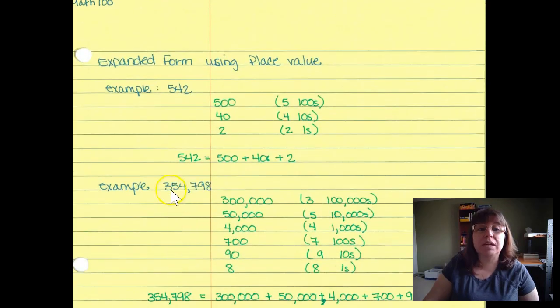Another example would be 354,798. If we break it down in expanded form, that will give us 300,000, so 3 100,000s, 50,000, 5 10,000s, 4,000 is 4 1,000s, so we have a 4 in the 1,000s position, 700 is 7 hundreds, 90, which is 9 10s, and 8, which is 8 1s.